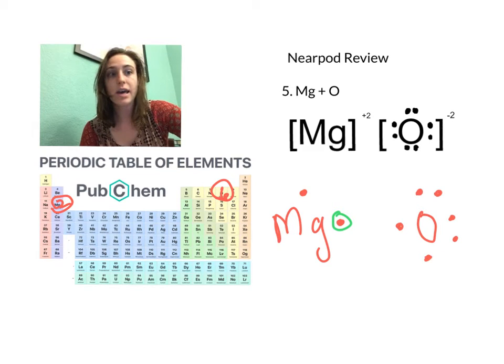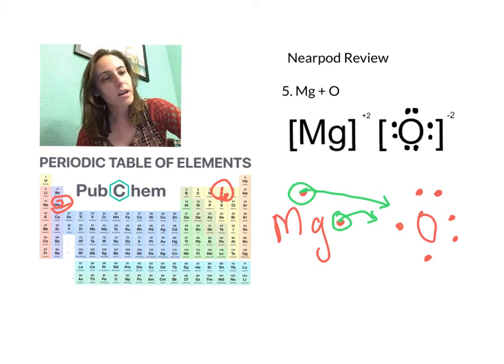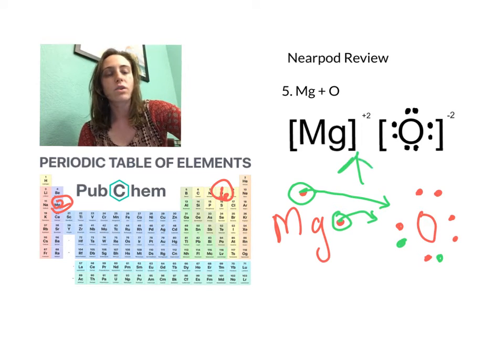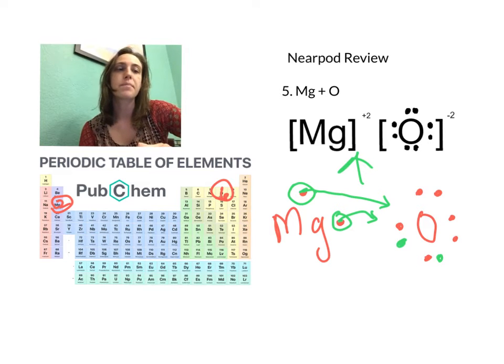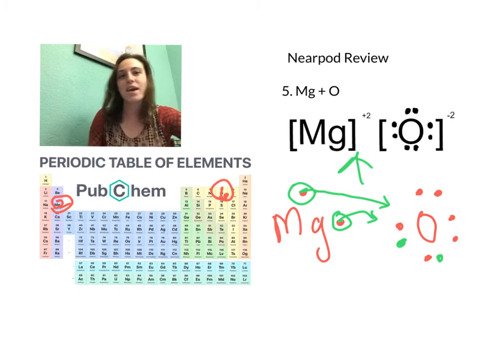So this one and this one are both going to get transferred over here, and the end result is going to be what you see there. So you're going to see magnesium with a +2, and oxygen with a -2. So good job, people. I'll keep highlighting the correct answers, and let's move on to talk about covalent bonds.